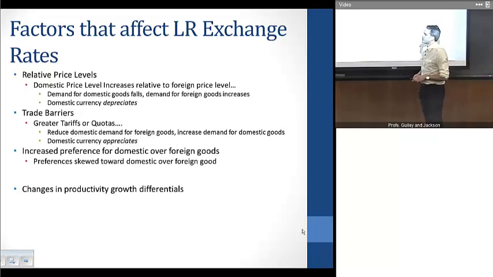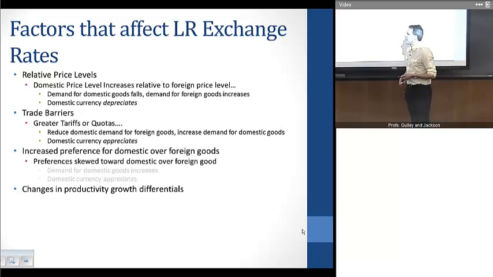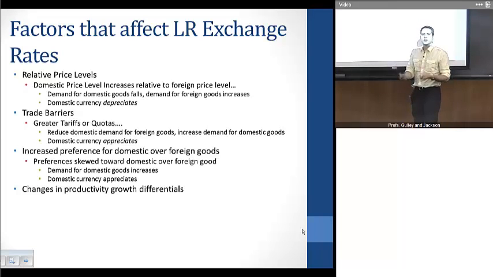Again, if we have increased preferences for domestic goods over foreign goods, we like California wine versus French wine, then in that case, that's going to increase the demand for domestic goods. We would expect the domestic currency to appreciate.